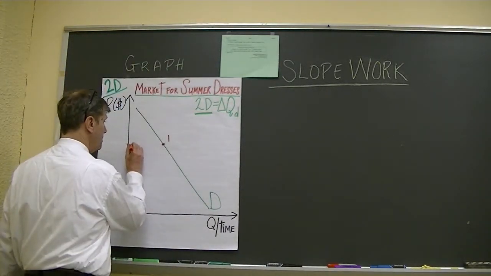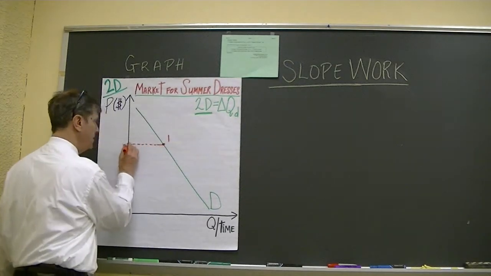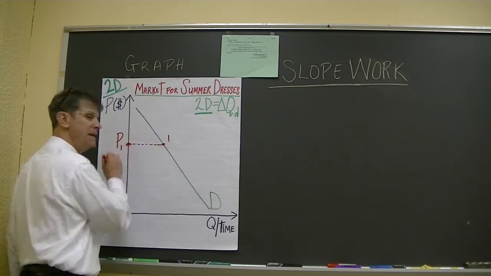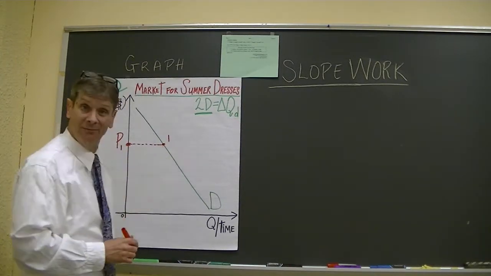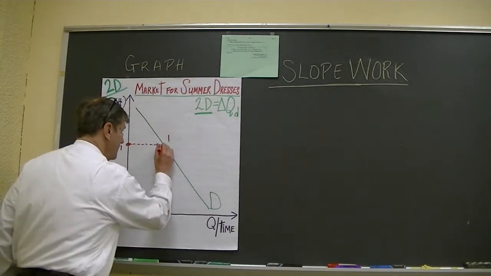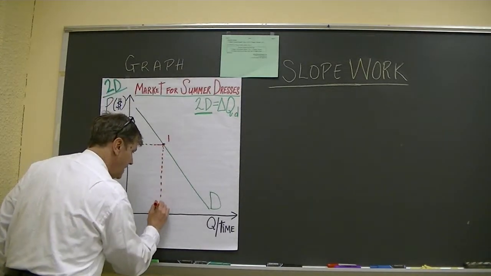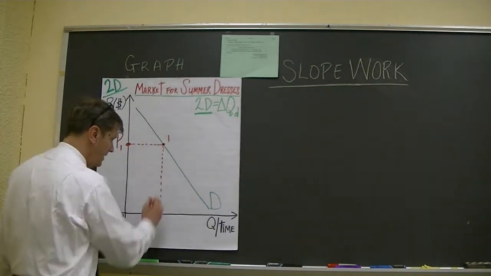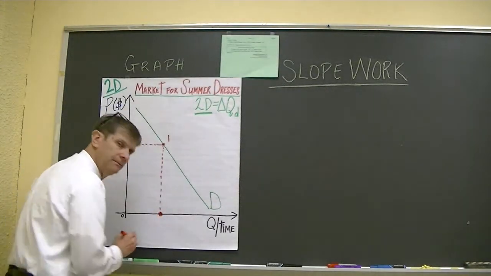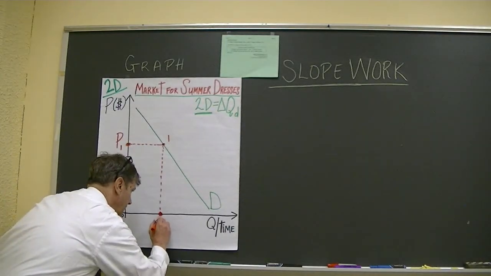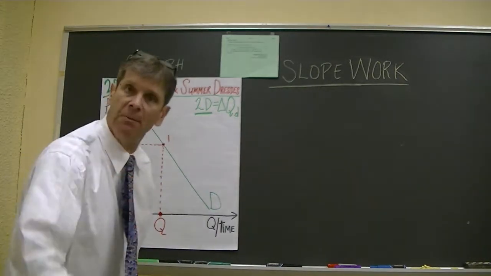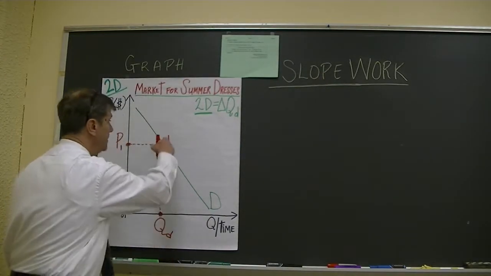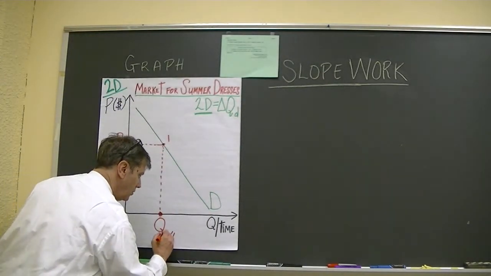So I'm going to go perpendicular over to the price axis, and we're going to label that P1 from point 1, okay? And perpendicular down to the quantity axis, 90 degrees down, right? We're going to label that point. It's quantity, but it's coming from the demand curve. So we have to label that QD, and it's coming from point 1, so we're going to call it QD1.